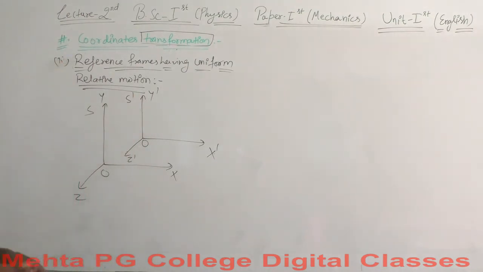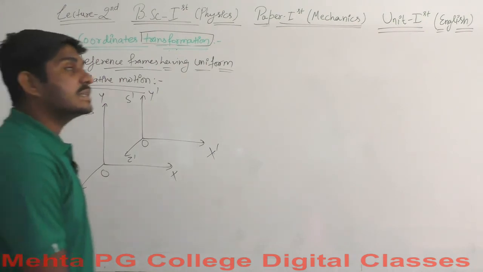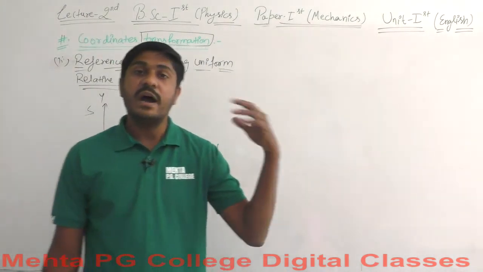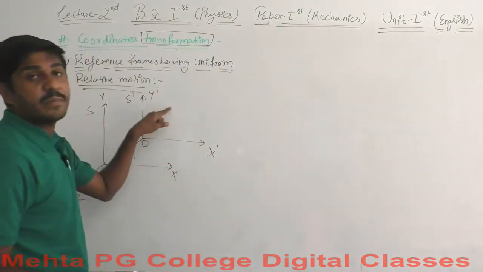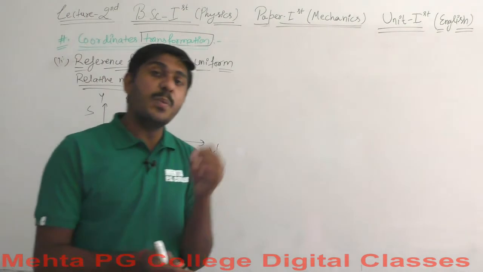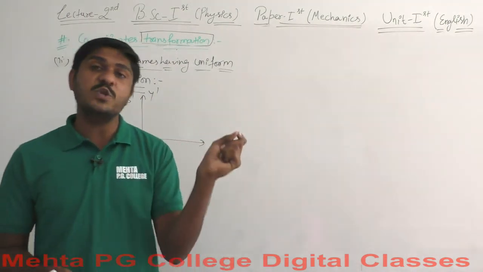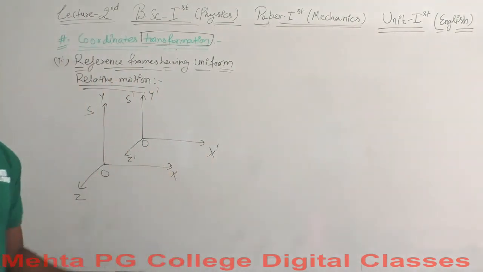Well, this example looks pretty much similar to the example we discussed earlier, but here it has some changes. The changes are that this secondary frame of reference has some sort of relative motion to the primary frame.